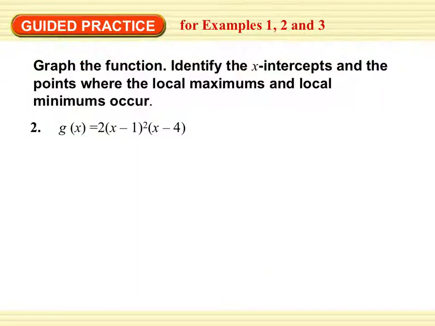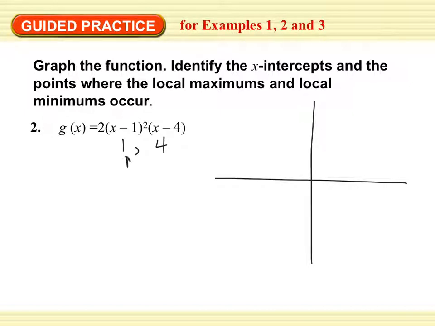Cool. All right, graph the function, identify the x-intercepts and where the local maximas and local minimas occur. X, this is going to be a 1 and a 4, and that's going to be just a touch. So 1 and 4.